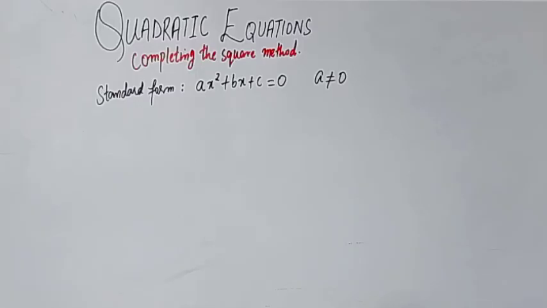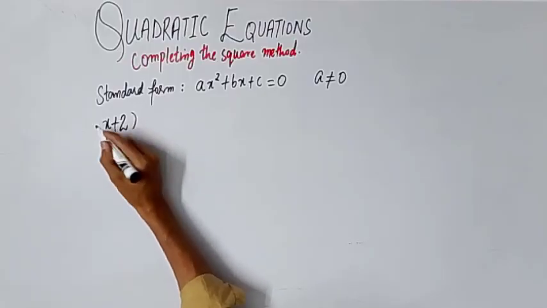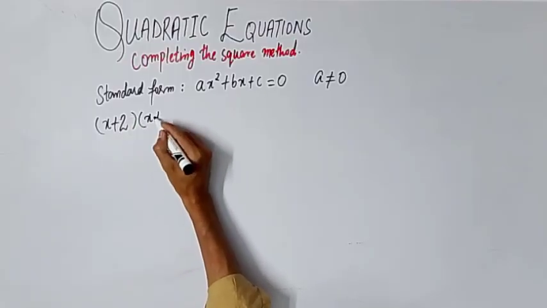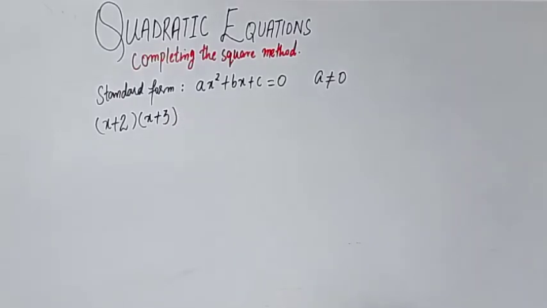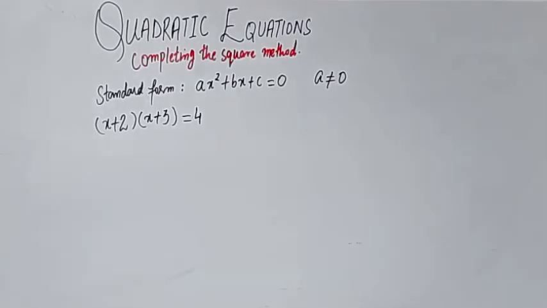So let's see a question related to it first. Let's say we have the equation (x plus 2)(x plus 3) is equal to 4, and we have to convert it into standard form of a quadratic equation.